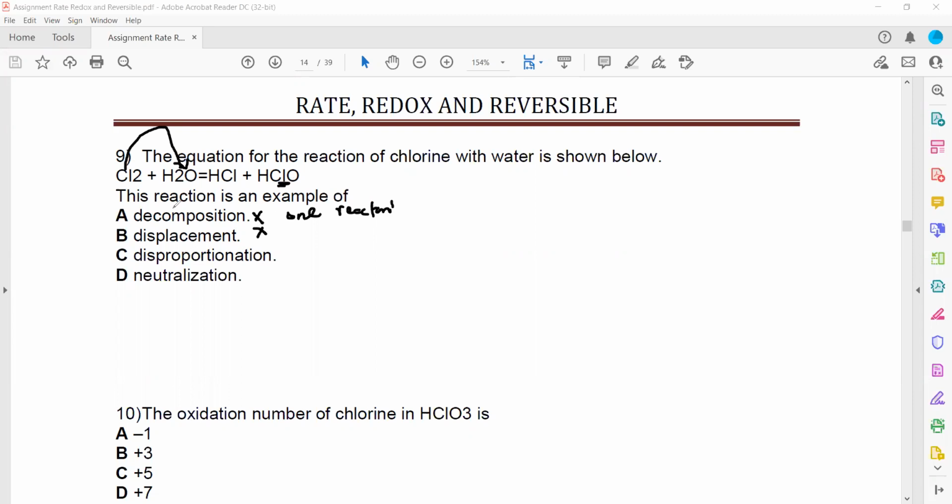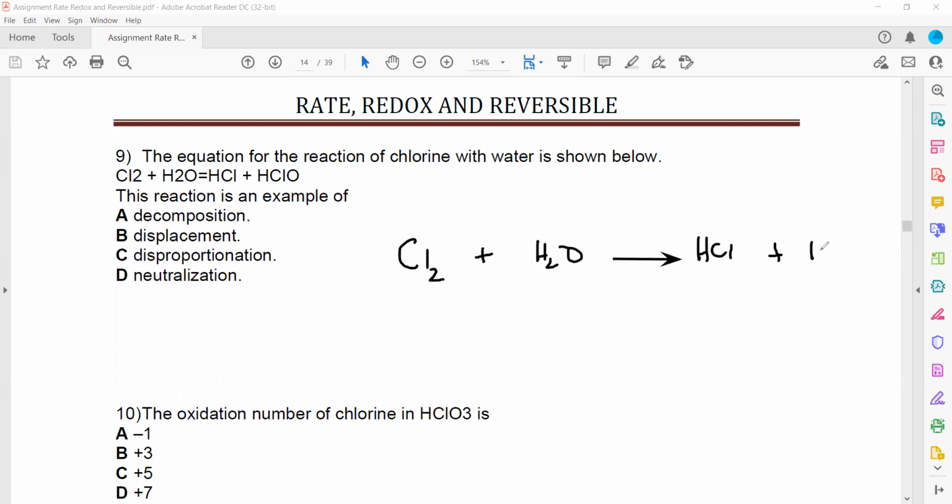The disproportionation reaction refers to when the same element is both oxidized and reduced. So how do we identify that? When we write the equation, chlorine is reacting with a water molecule. As a result, it will form HCl plus HClO.